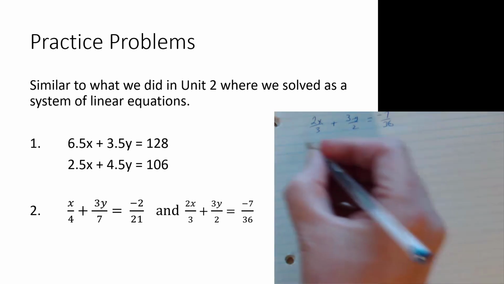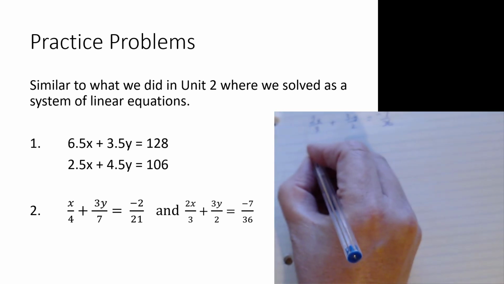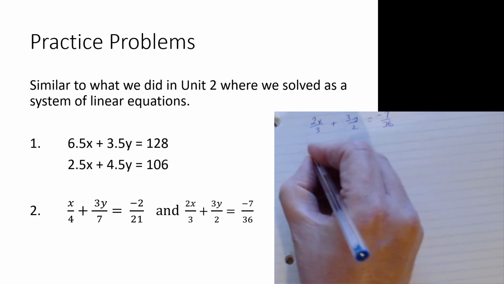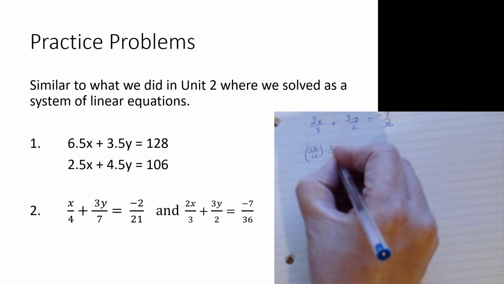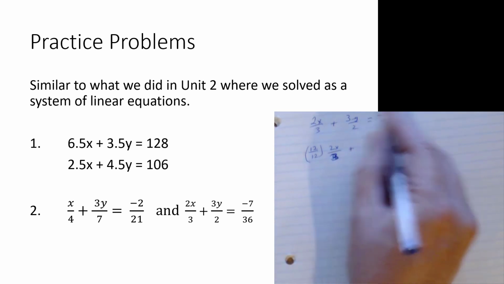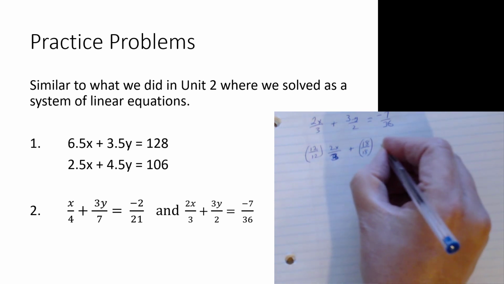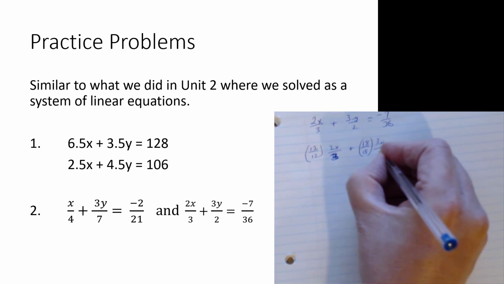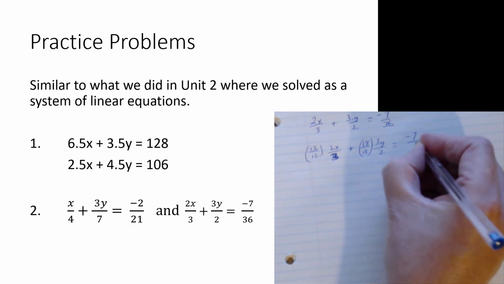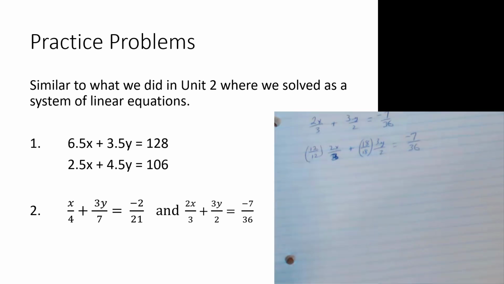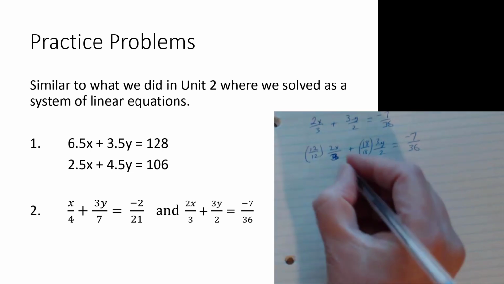Right? I'll be able to go 12 times 2x over 3. Sorry, I'm jumping the gun here. Jumping the gun over 3. Plus, then 2 goes into 36 18 times, 3y over 2. And then the number just is the number. Okay.